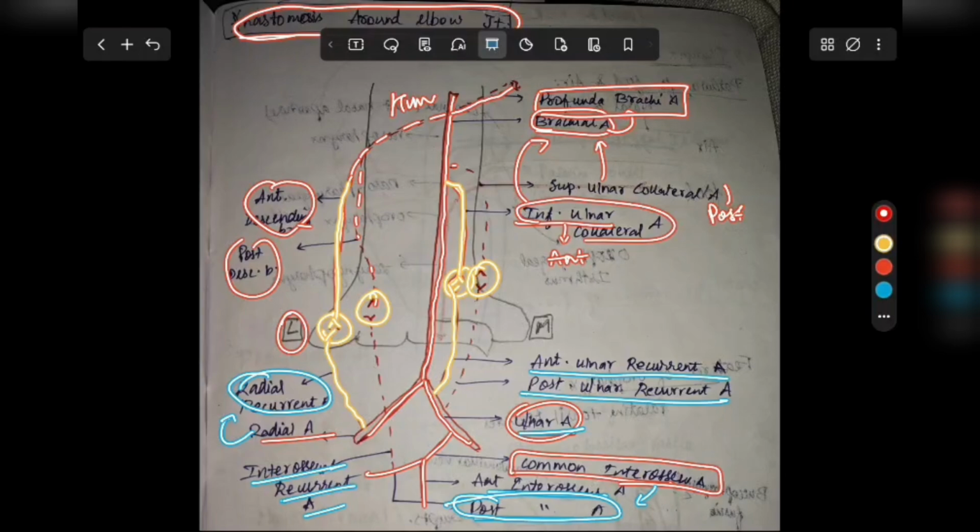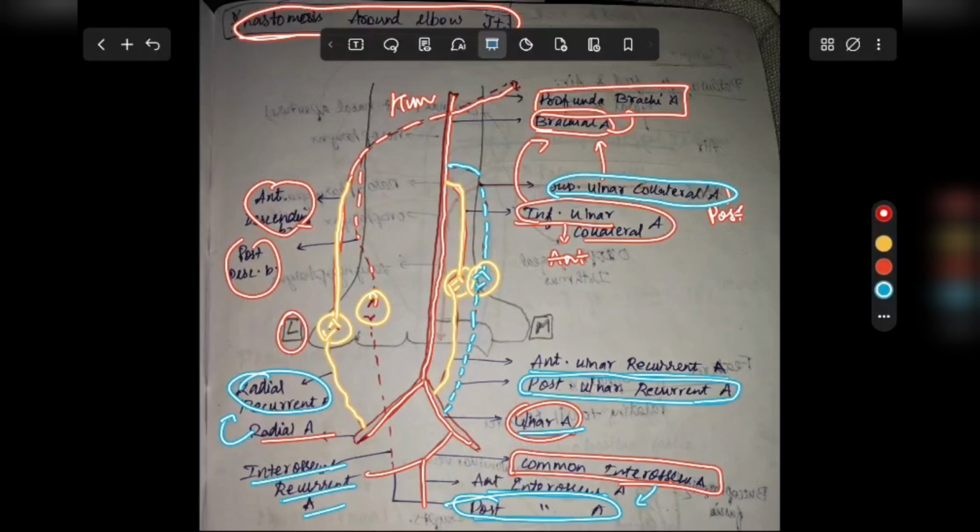Next, the third anastomosis, present on the posterior side, is between the superior ulnar collateral artery and the branch arising from the ulnar artery, the posterior ulnar recurrent artery. These two arteries on the posterior side anastomose at the elbow joint.